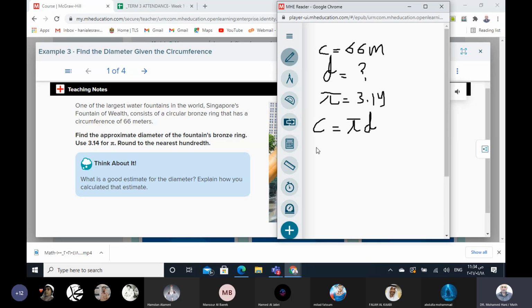C equals 66, pi equals 3.14, and D is the variable, the missing value. Now as you see here, we have an equation. How to solve this equation? Take the coefficient and divide the two sides by the coefficient, 3.14.